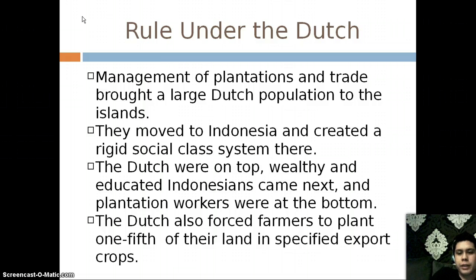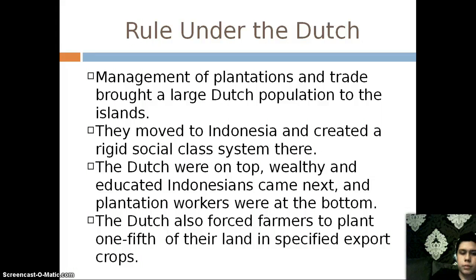Indians came next, but the Dutch were still on top, and the plantation workers were at the bottom. It means the Dutch were the highest class, and the plantation workers were the lowest. I don't know how to say the position or their occupation.